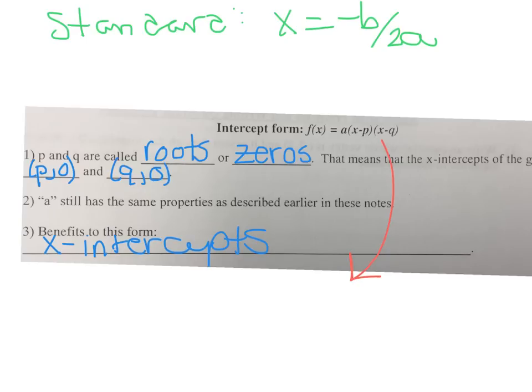If you think about it, halfway between the two intercepts, you should be able to find the vertex. So that's exactly what we're going to do: we're going to average this distance. We're going to do p plus q over 2, which is going to give me the x value of my vertex, which is also going to be my axis of symmetry. And if you remember before, once we have the x part of the vertex or the axis of symmetry, we plug that in to find the y value.